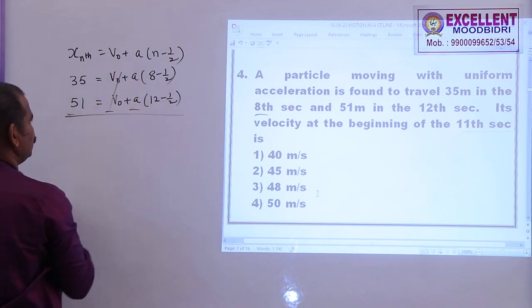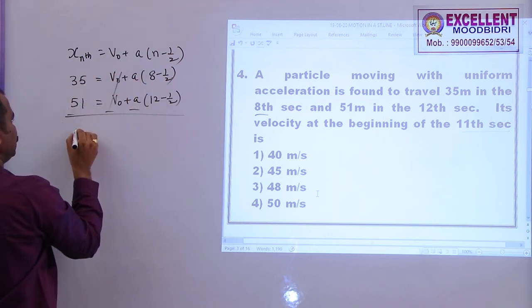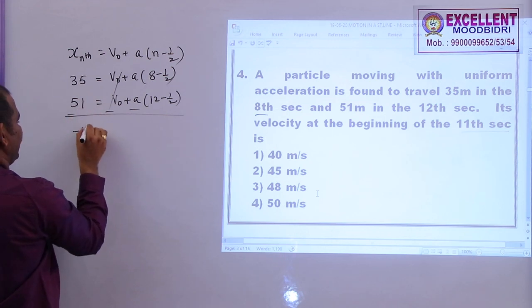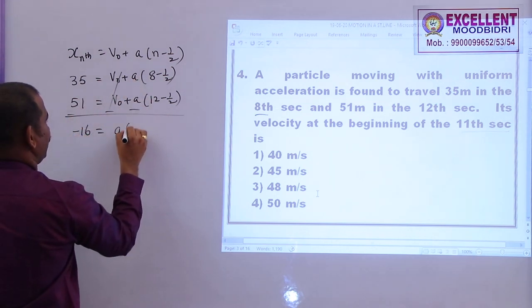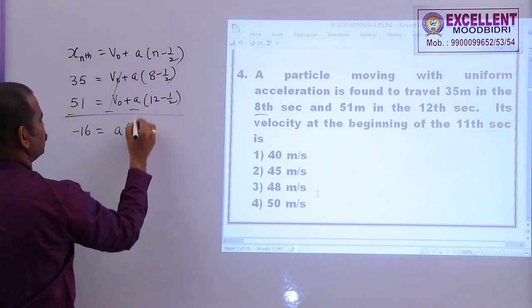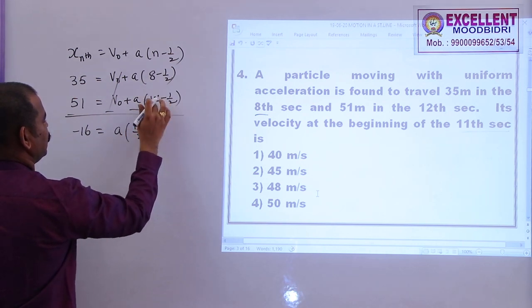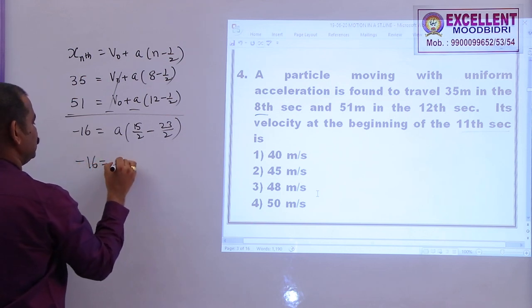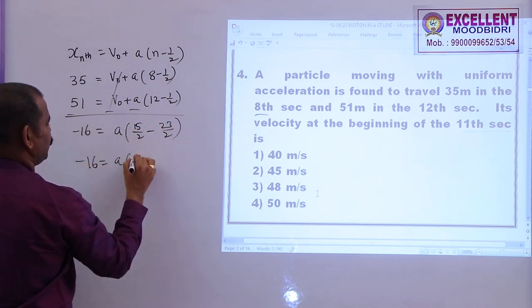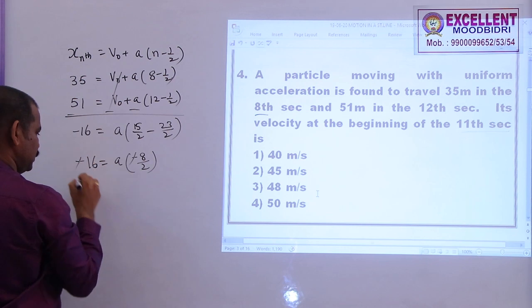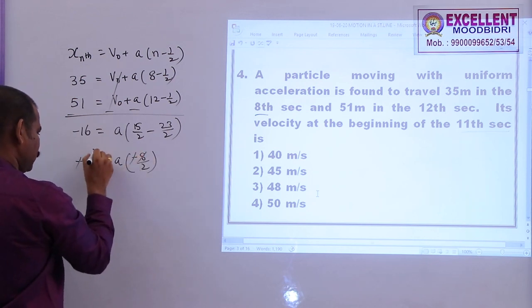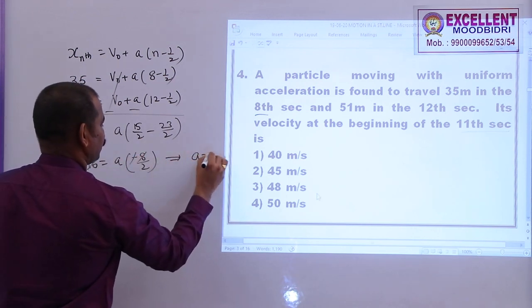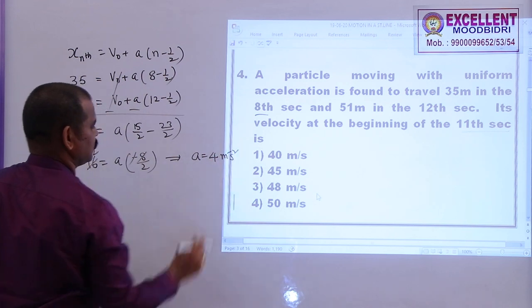Subtract; the v naught terms get cancelled. 35 minus 51 is minus 16. This is a of (15 by 2 minus 23 by 2), that is minus 8 by 2. So minus 16 is equal to a times minus 8 by 2. The minus signs and the 8s get cancelled. Therefore, the acceleration of this body is 8 meter per second square.